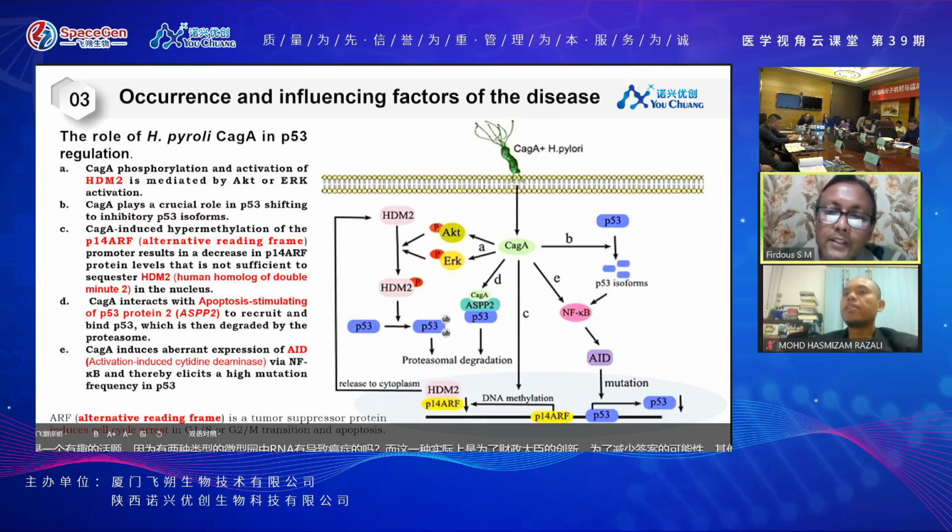On the other hand, it directly activates nuclear factor kappa B, which leads to inflammation or can cause AID activation, which leads to mutations of the P53 gene.